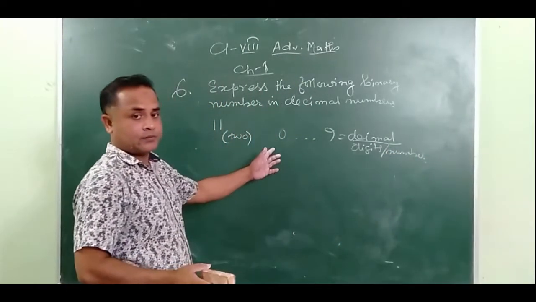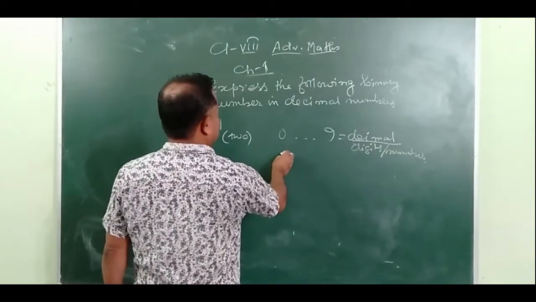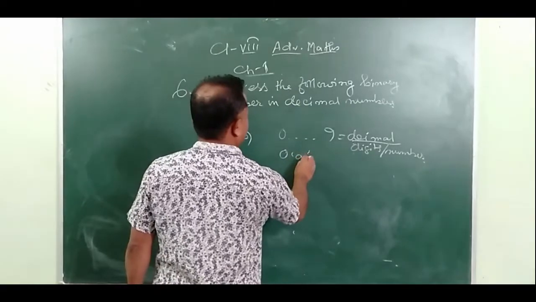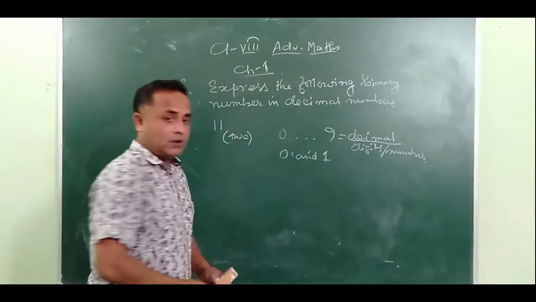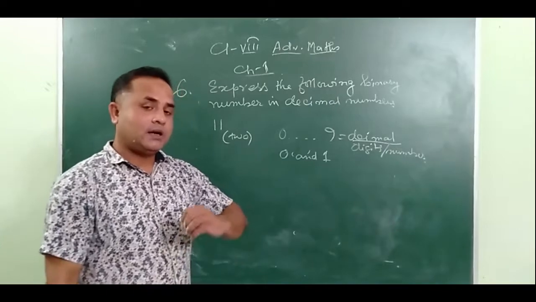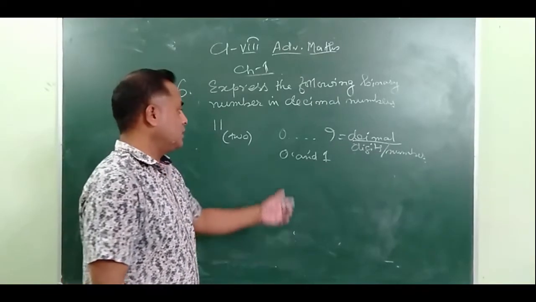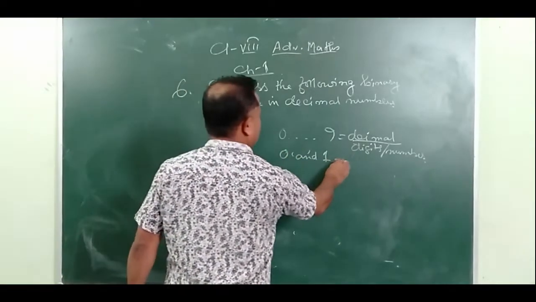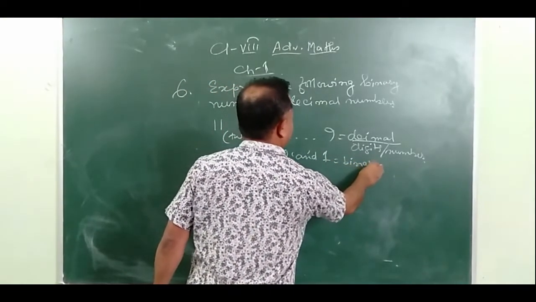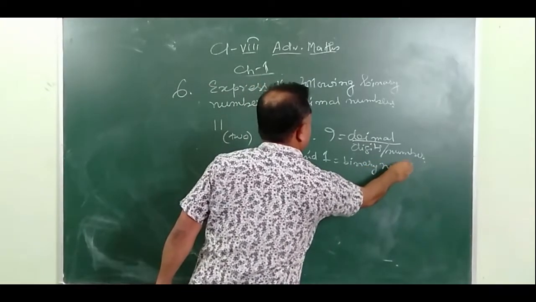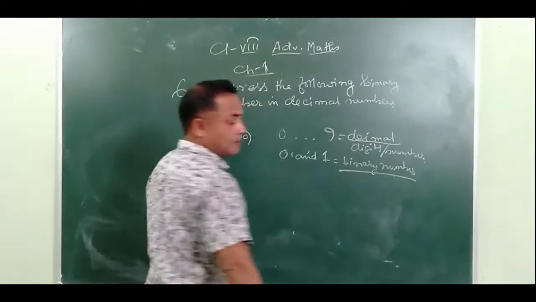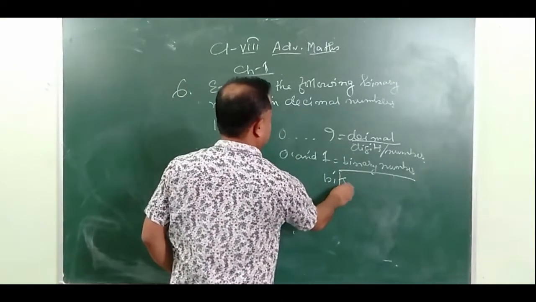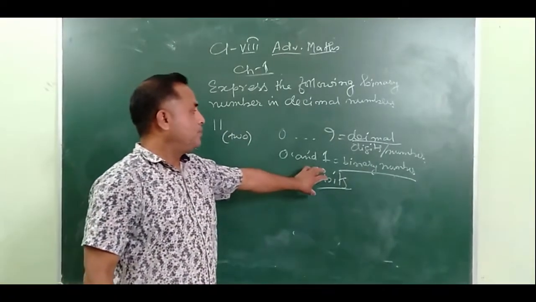Any calculations, additions or subtractions, any operation deals with 0 and 1. 0 and 1 are called binary numbers, and each number is called a bit.